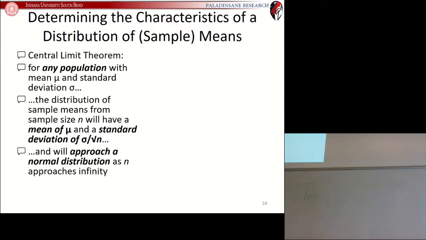So we want to have a normal distribution because that's what's in the back of our textbook, right? Appendix A1 is a normal distribution. And if we needed statisticians to come up with distributions for every single population that's out there, statistics and psychology would once again be impossible to do.